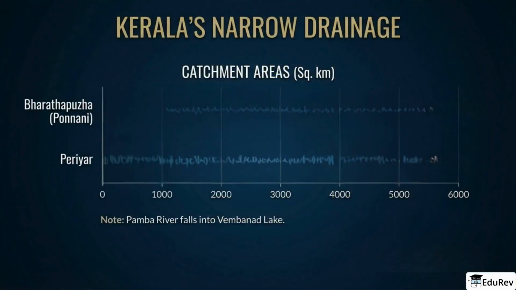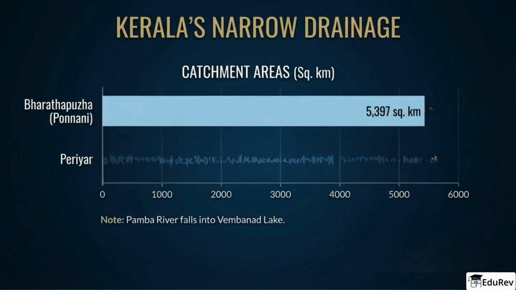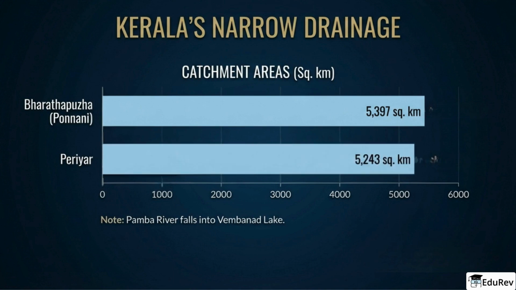Now come to Kerala's narrow drainage. The data here is deliberately tricky. By catchment area, Bharatapuzha or Ponnani is marked as the longest river, with about 5,397 square kilometers. Periyar comes next, with about 5,243 square kilometers, marked as the second largest.